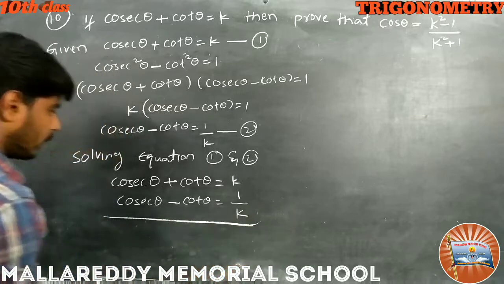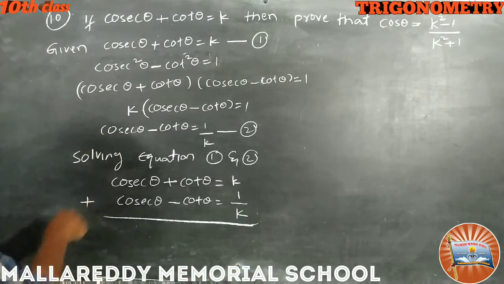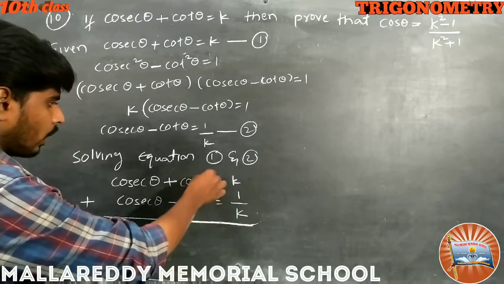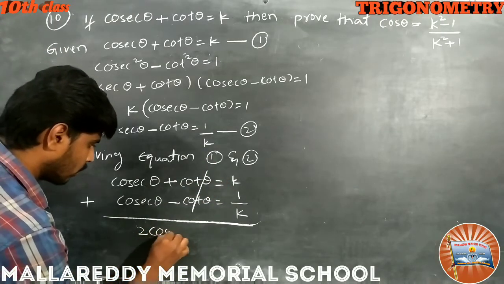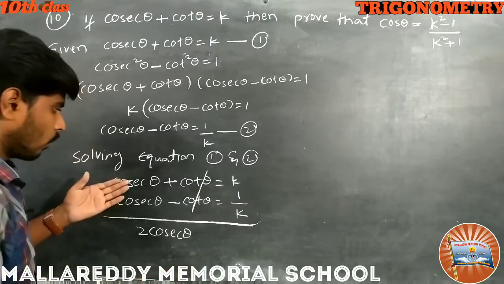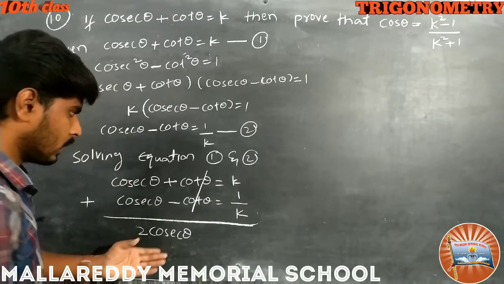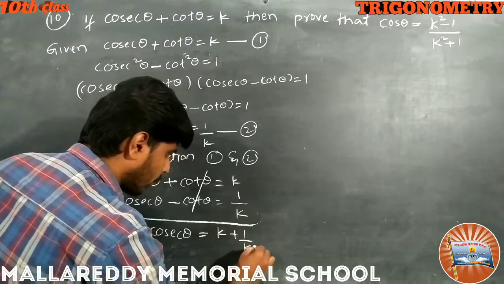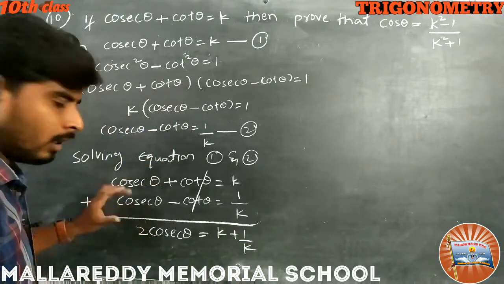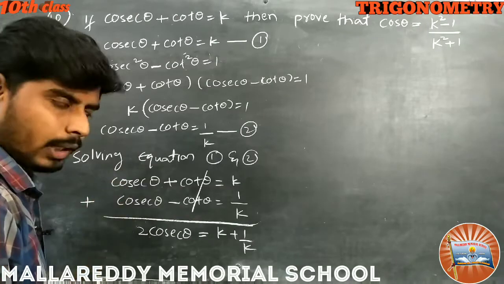Here I am going to add these. Cot theta minus cot theta gets cancelled. What is the remaining? 2 cosec theta. Cosec theta plus cosec theta becomes 2 cosec theta. It is equal to k plus 1 by k. Here I am adding both equation 1 and 2.